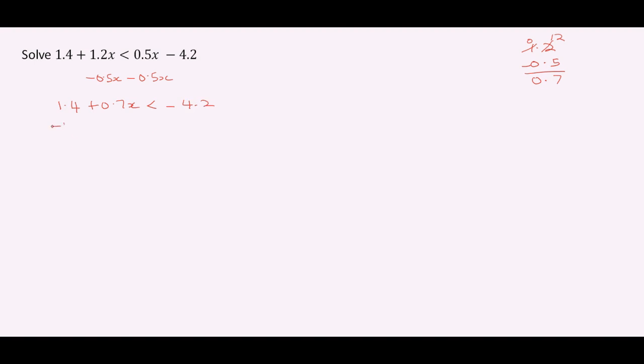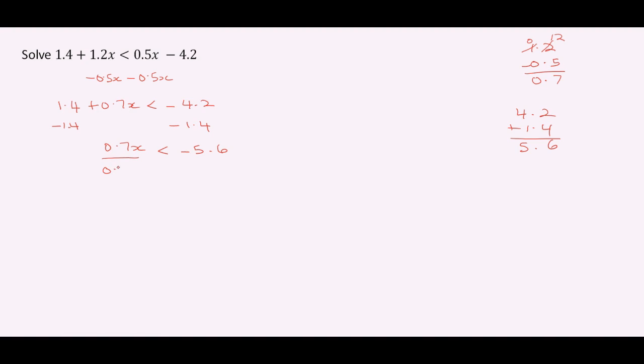Now we subtract 1.4 from both sides. So minus 4.2 minus 1.4. We're just going to first add 4.2 and 1.4. We add them, we have 6 and then 5. So 0.7x is less than minus 5.6.